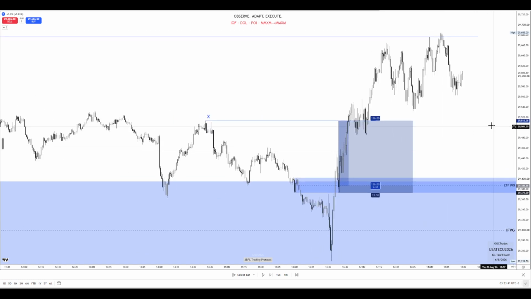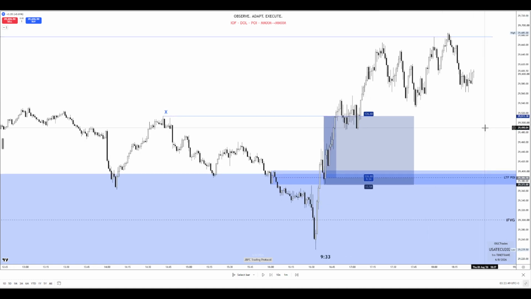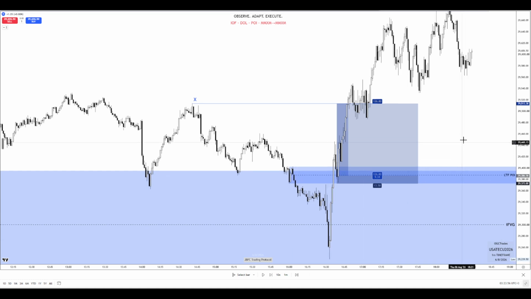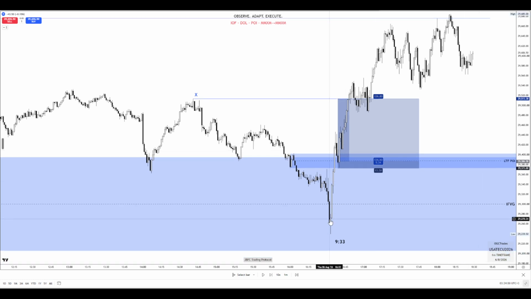You know, once price took out the drawn liquidity, it reverses. So here, price reversed from here. The smart money reversal occurred here, and we had this breaker. This is a breaker.